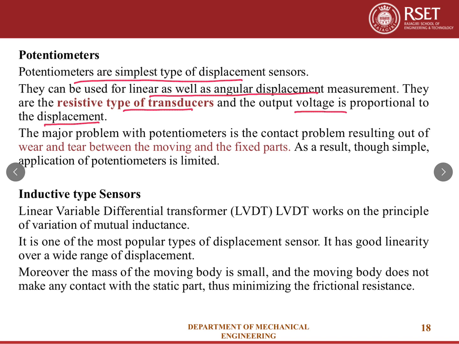The major problem with this potentiometer is the contact problem, resulting from wear and tear between the moving and fixed part. Wear and tear will happen during the contact, and as a result, after prolonged use, the contact may not be proper.